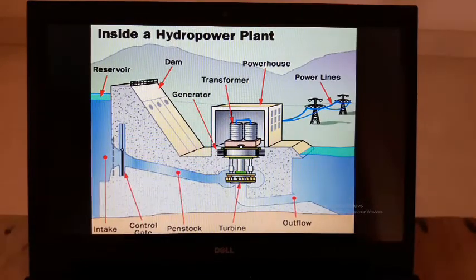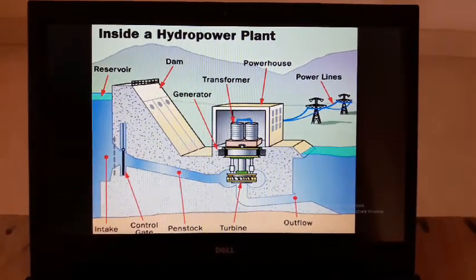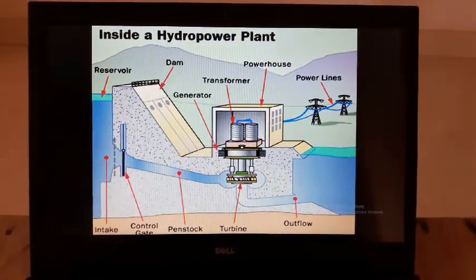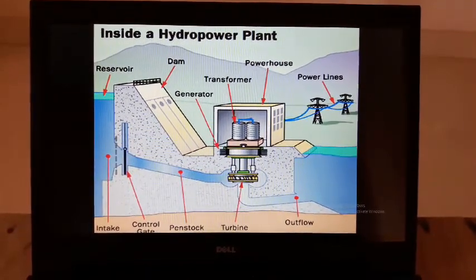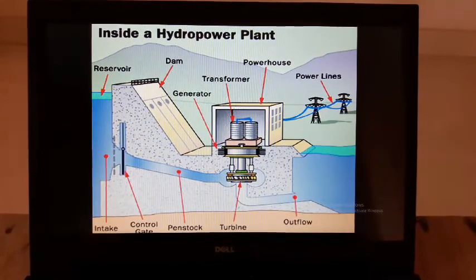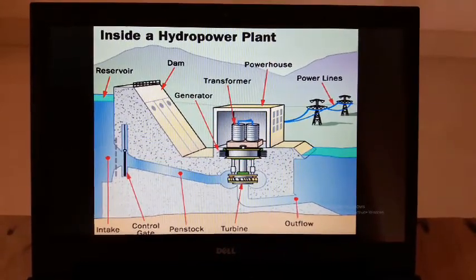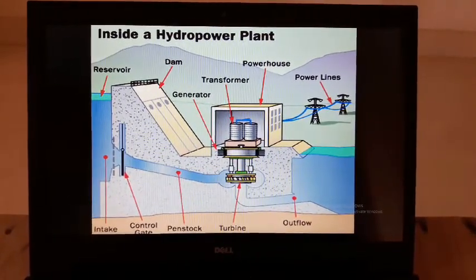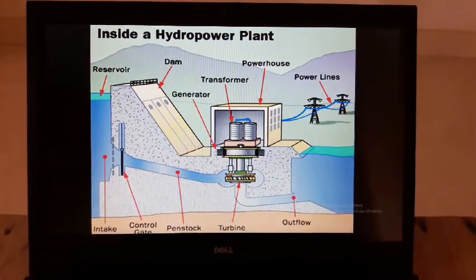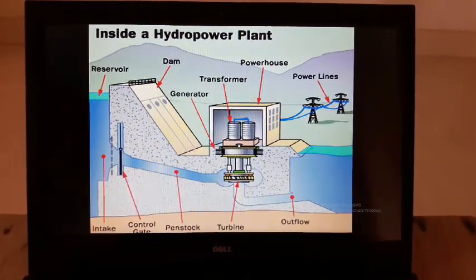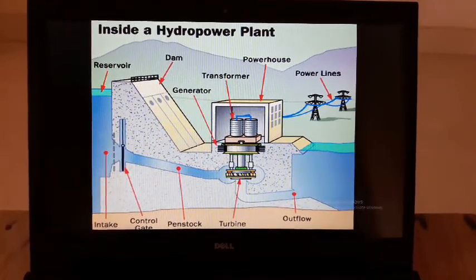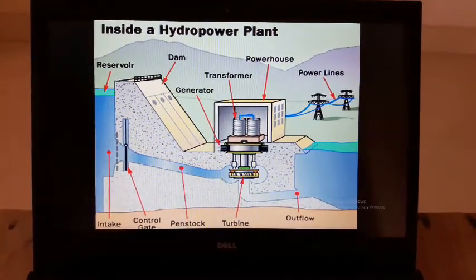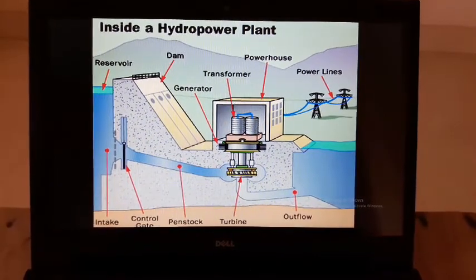The shaft of the rotor of the turbine is coupled with the shaft of the electric generator, which rotates. The shaft of the generator rotates in a magnetic field. Due to rotation of the conductor in a magnetic field, an electric current is produced in the generator, which is supplied to the power lines or distribution center.